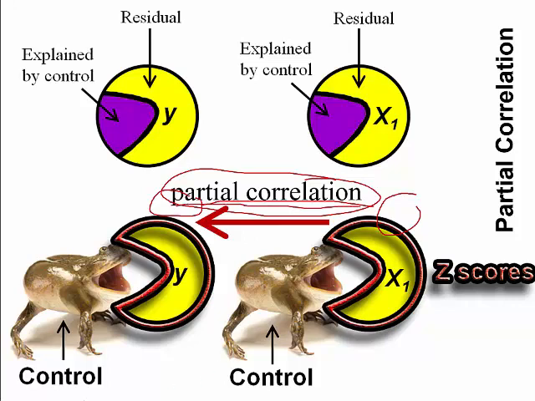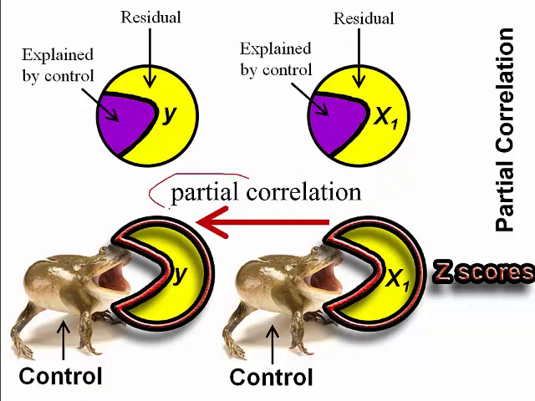Now this is not our regular bivariate correlation. This is a partial correlation that's giving us the effect of x1 on y with our control variable partialed out. That is, controlling for our control variable, or with our control variable extracted out of both x and y. So that will give us a partial correlation.